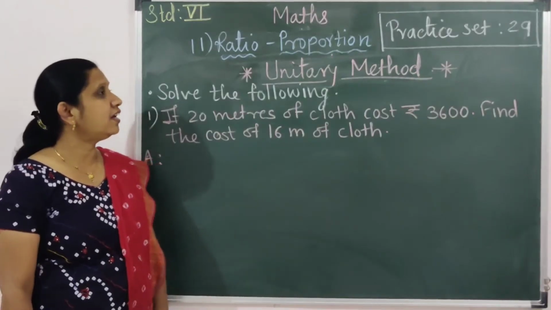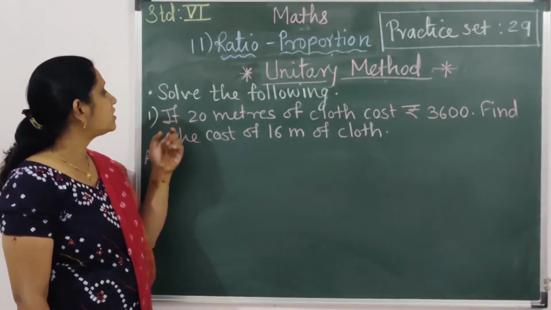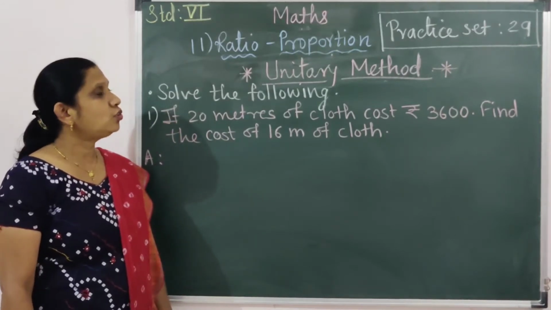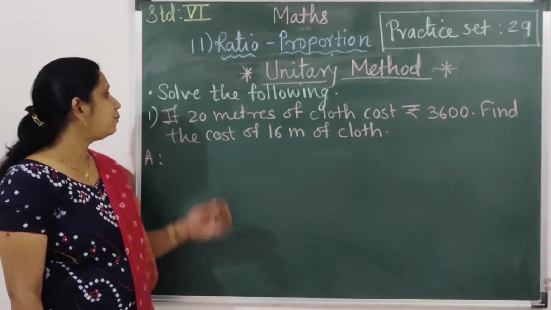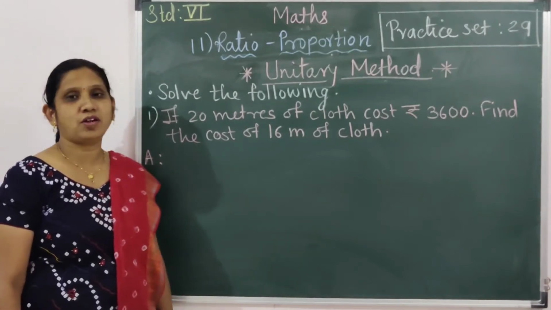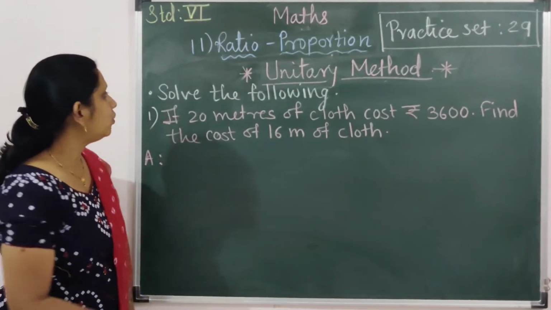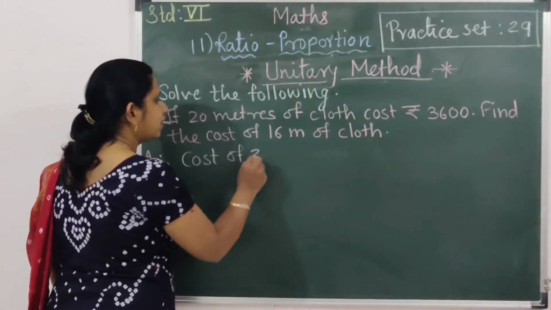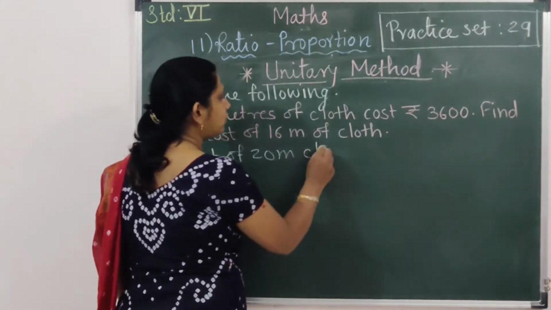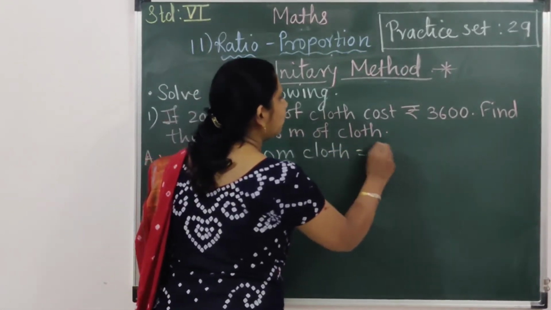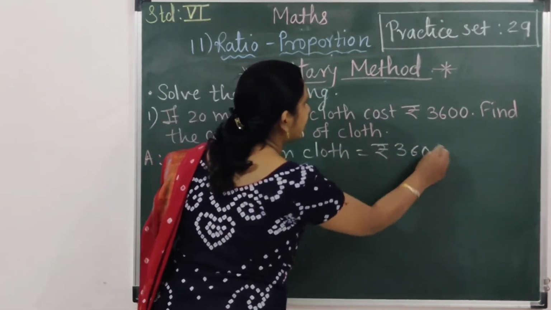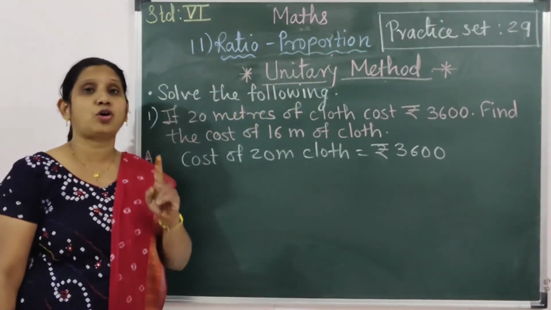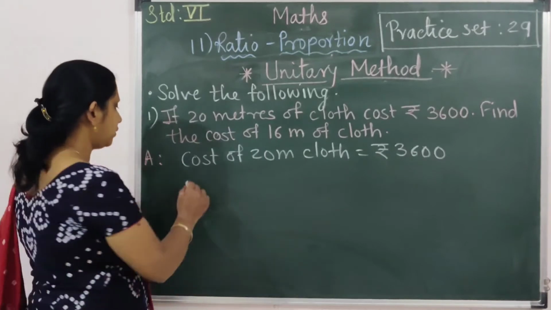Students, see here in this practice set, question 1 is given: if 20 meters of cloth cost rupees 3600, find the cost of 16 meters of cloth. So let's write here: cost of 20 meters of cloth is equal to rupees 3600. From this, we first have to find the cost of 1 meter of cloth.